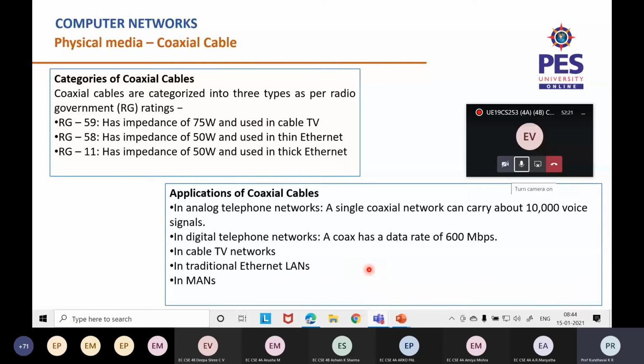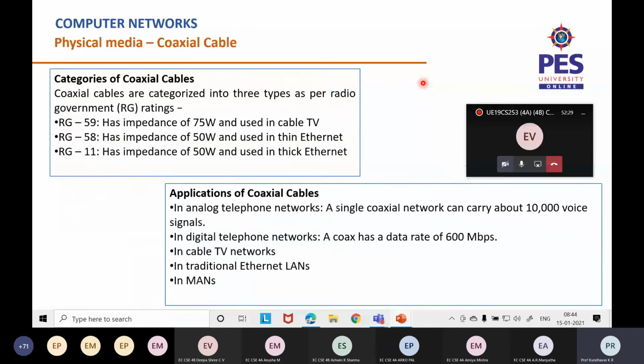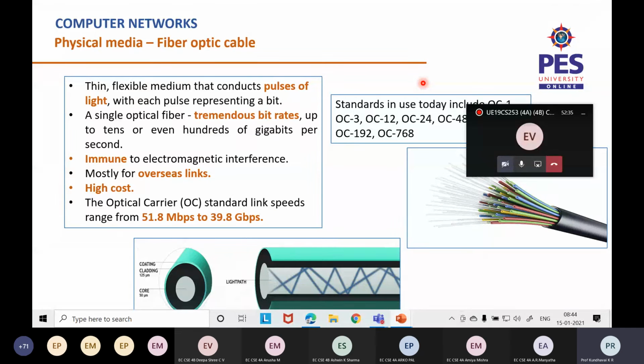Having talked about the RG government ratings for coaxial cables, I think we are done with the coaxial cable explanation. So we are moving on to fiber optic cable, the last one in guided media.